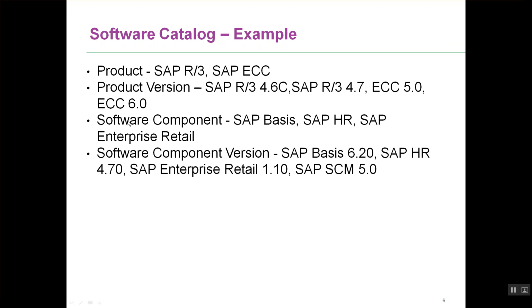All of this forms what we call a software component, and the software component version is the version of that component. Your SAP basis software component can have SAP basis 6.2, version 6.4, 7.0, and so on. Same way for HR, same way for enterprise retail. So the idea is your software components will have software component versions and your products will have product versions.